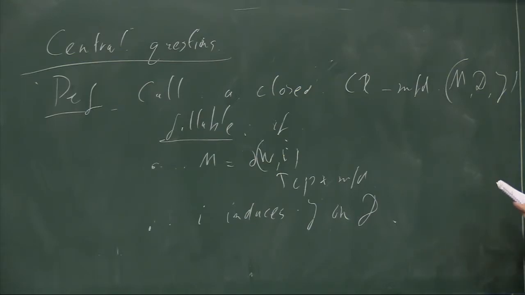Here's another definition. We call it embeddable, which is actually the stronger notion, if there's an embedding into C^n, where n may be very big, such that the pullback of the standard complex structure induces this CR structure.